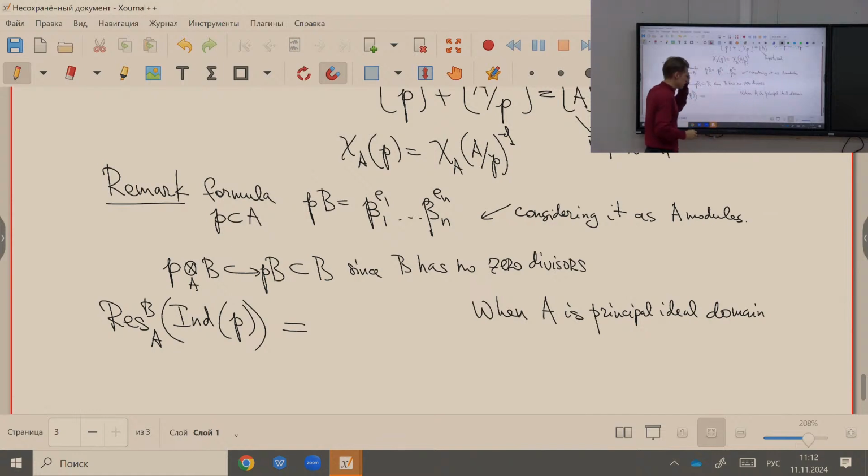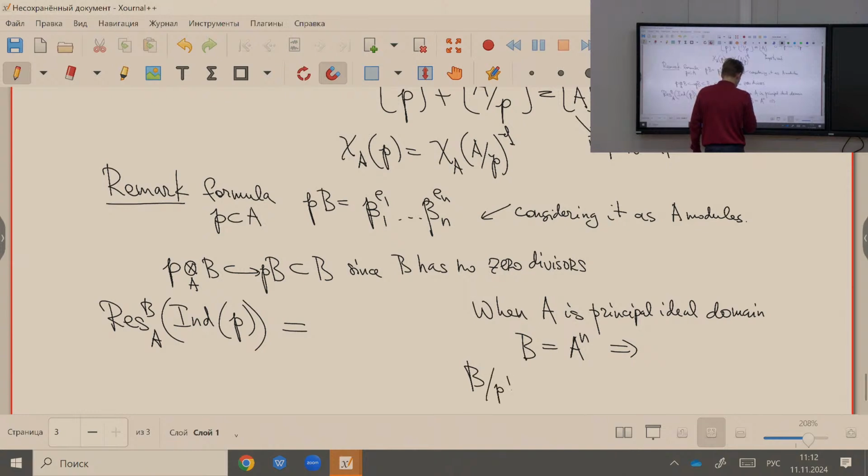Yeah, so you see that we have noticed that beta is just the nth power of A. So beta is isomorphic to A to the power n. And this implies that B modulo P beta is just isomorphic to A^n modulo P A^n, which is just (A mod P)^n.